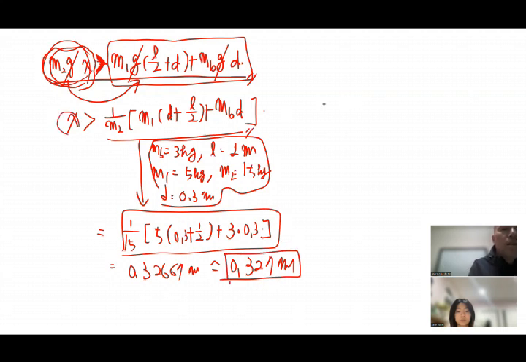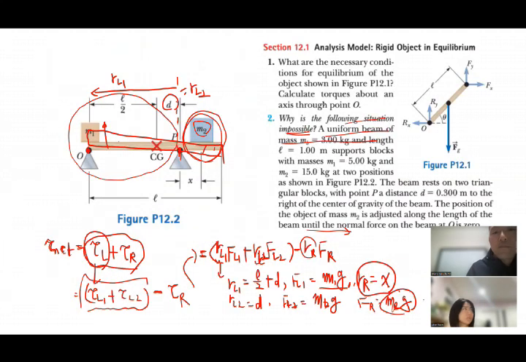So if X is larger than this number, then M2 could lift up M1 off of O, if I understood this problem correctly. That makes the beam go out of equilibrium, because M1 goes upward with a larger distance. So if M2 is at 0.327 meter or more, then it should push M1 up, based on what I read from this problem.